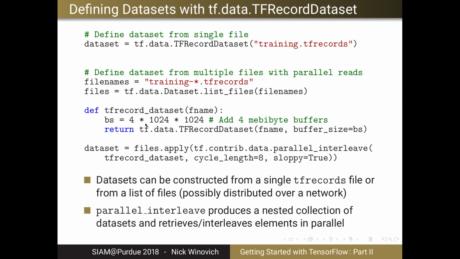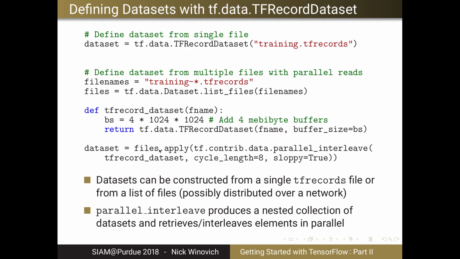We can define, in this case, just 4 megabytes. I adjusted it for my data set, and it returns a TF Record data set. This is basically the equivalent of from tensor slices, except the optimized version, which reads in a file name that we pass from the list of files with a specified buffer size.